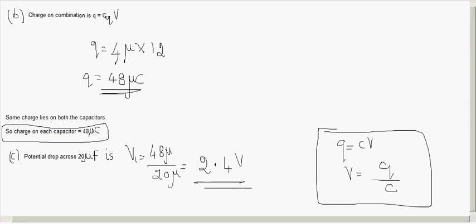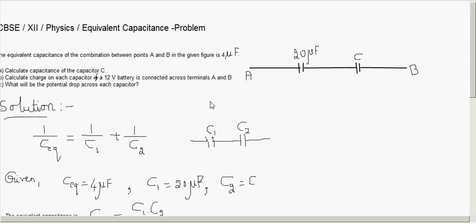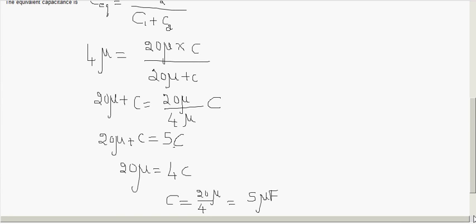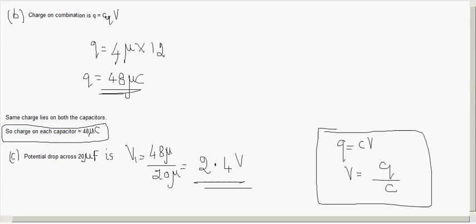We have got the C value as 5 microfarad, which was 20 divided by 4. So we can find out the potential drop across 5 microfarad.